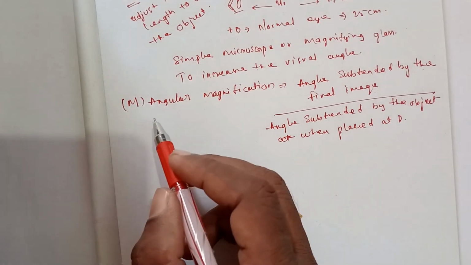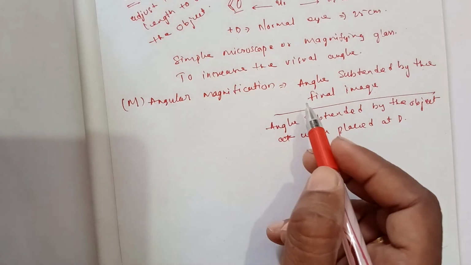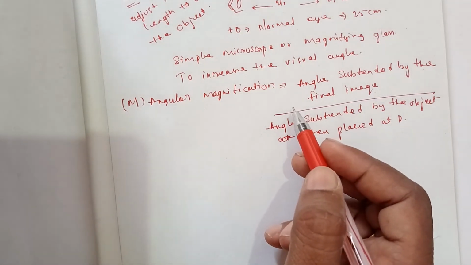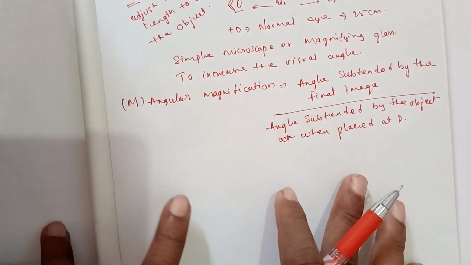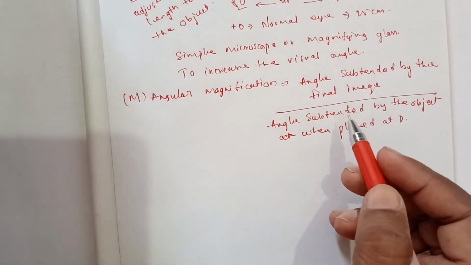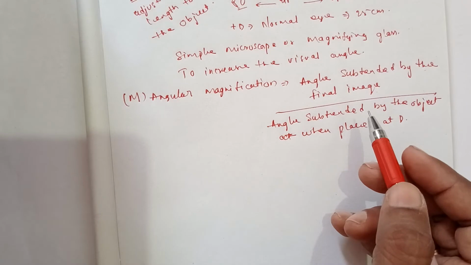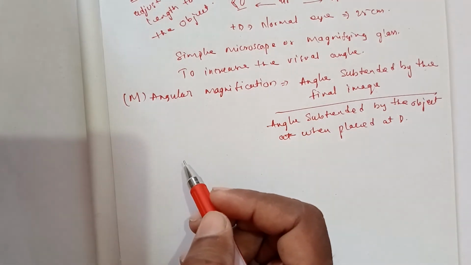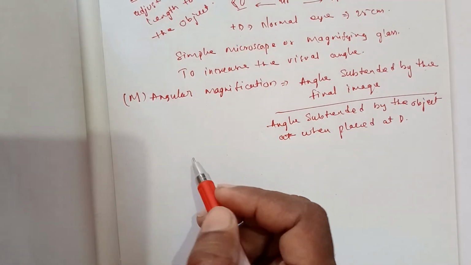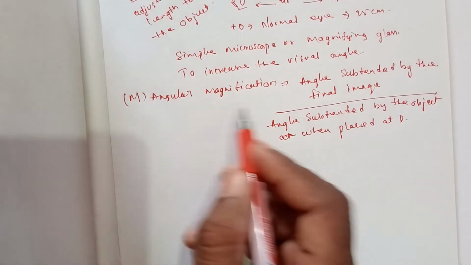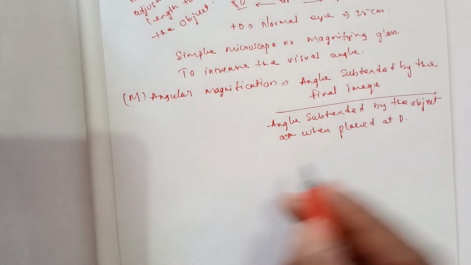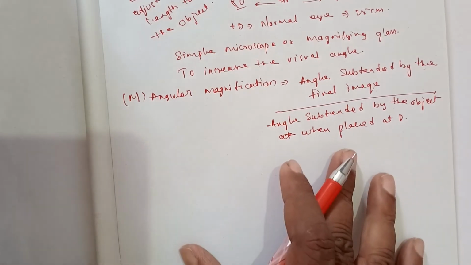Next, the optical instruments we are going to discuss do angular magnification. We have other types of magnification, linear magnification and transverse magnification, that are out of the scope of our chapter. So here we will discuss angular magnification, and we have already written the formula.